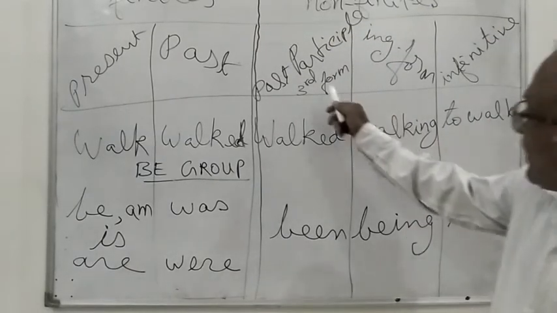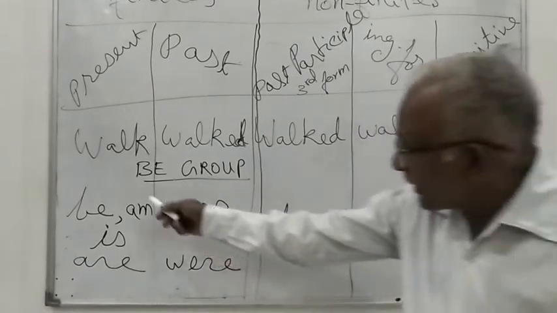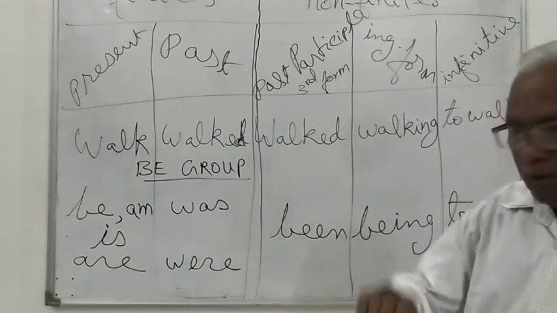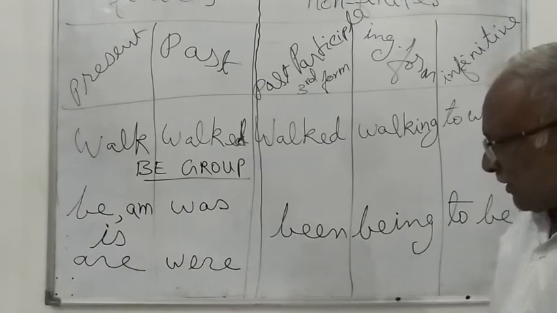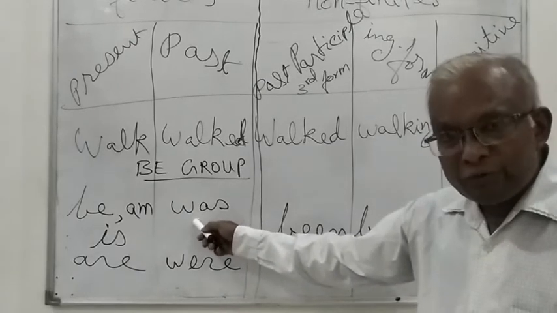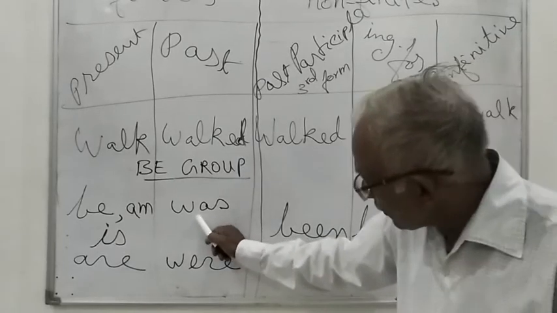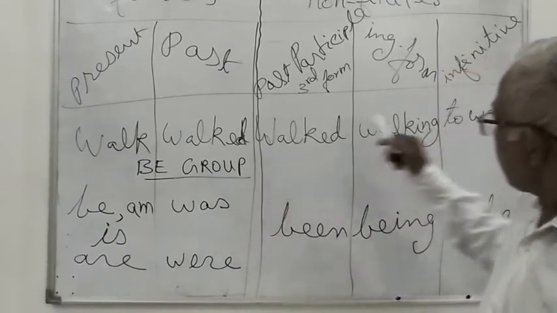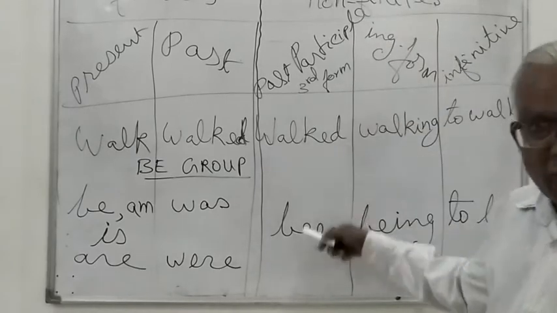To make a past participle into passive form, you need this B group verb. For example, in the example we wrote down in the previous lesson, we said was killed. The rat was killed. We use was to give you the time sense. Without was, the past participle killed cannot give a time.